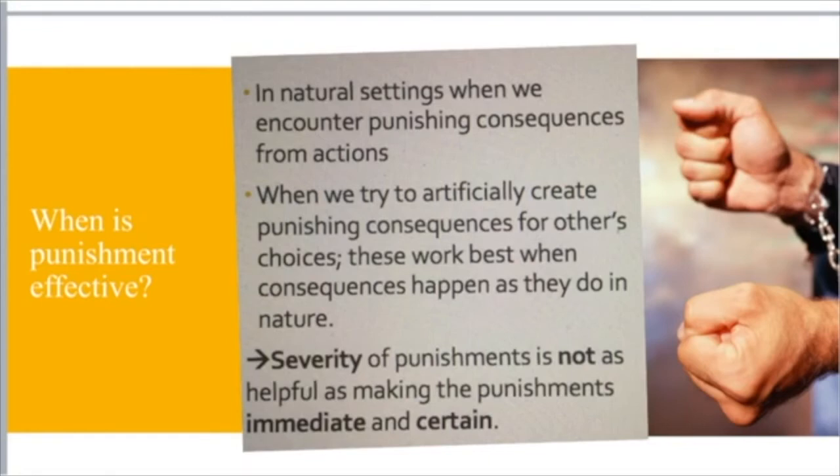Severity of punishments is not as helpful as making the punishments immediate and certain. When people debate the death penalty, whether it works or not, research has actually shown that a more effective way to use punishment to shape behavior is to make sure it immediately follows the behavior, and it is certain, every single time it happens, right? If a little kid throws a temper tantrum, they have to go sit in timeout immediately following the tantrum, every single time.